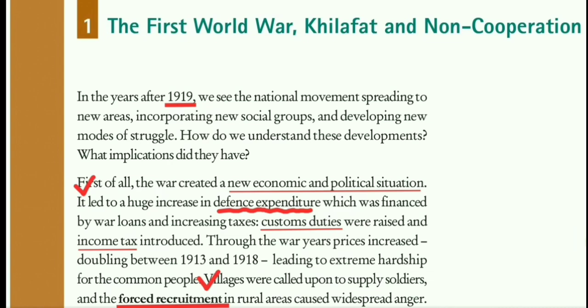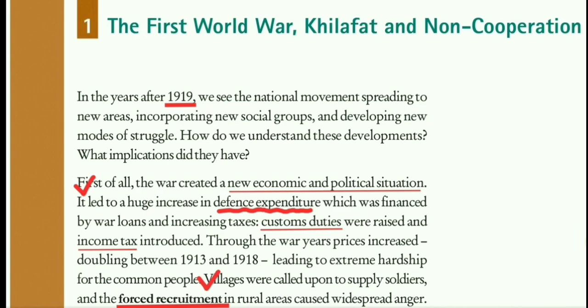So let us begin from the paragraph. The war created a new economic and political situation. So this First World War, which continued from about 1913 to 1918, influenced our country also.